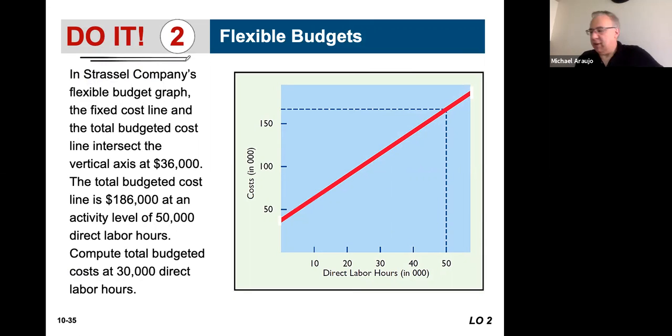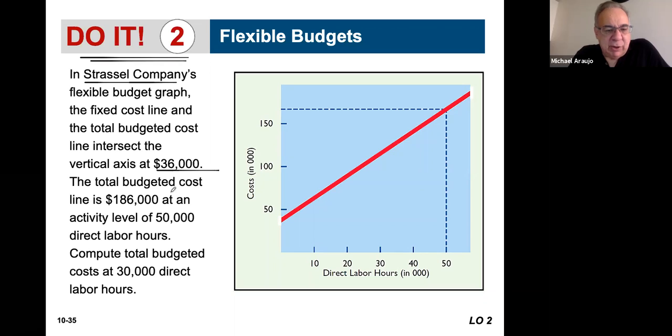I'm going to go ahead and look through learning objective 2. Do it exercise 2 for learning objective 2, which shows you about Strassel Company and their flexible budget graph. And so here, the fixed cost line and the budgeted cost line intersect at the vertical axis at 36,000.